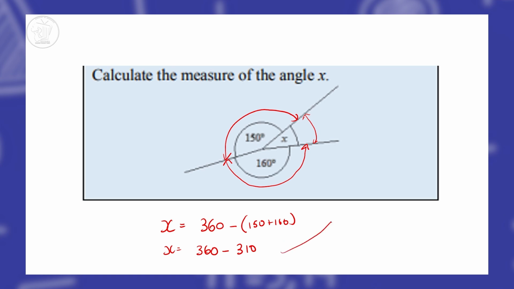So angle X is equal to 360 minus 310, which would give us 50 degrees. If you add up 150 plus 160 plus 50, we will get a value of 360. That completes the number of degrees in a circle.